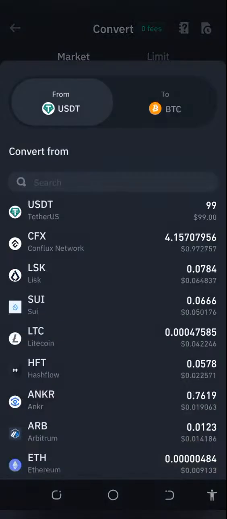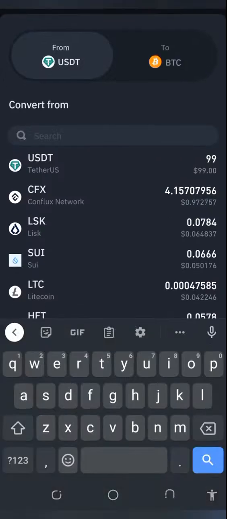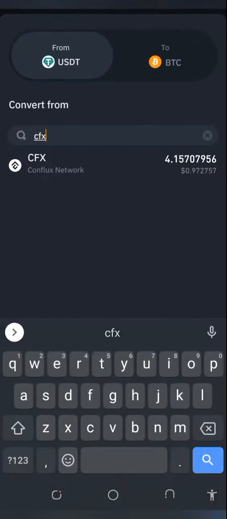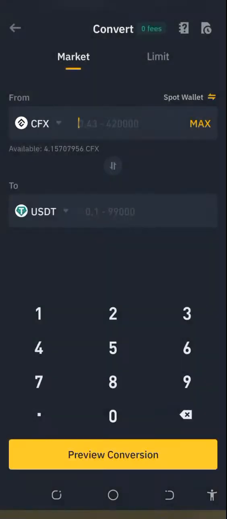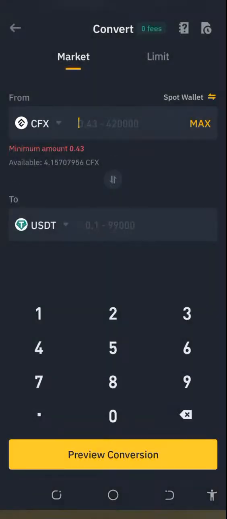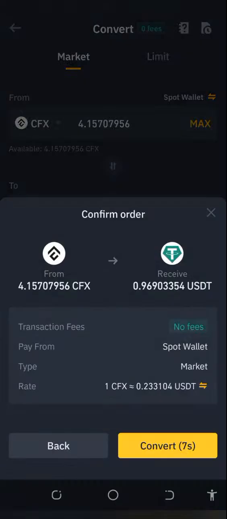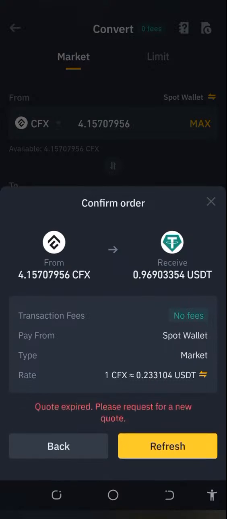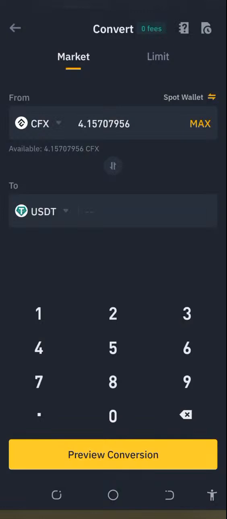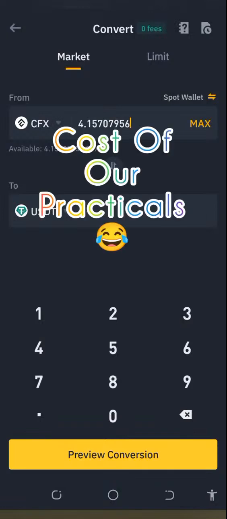CFX, and then USDT. Let's see how much we get. Max. I was too much in a hurry to get that back. Oh, we lost 4 cents. Is it 4 cents? About 3 cents thereabouts. Anyways, that's just it. Let's just take it as the cost of our practicals, right?